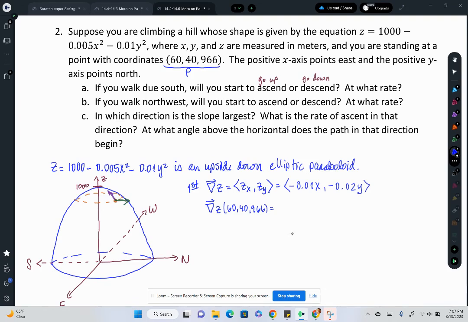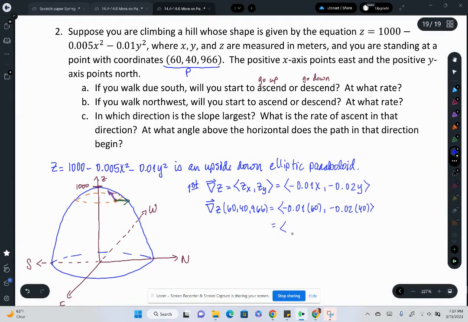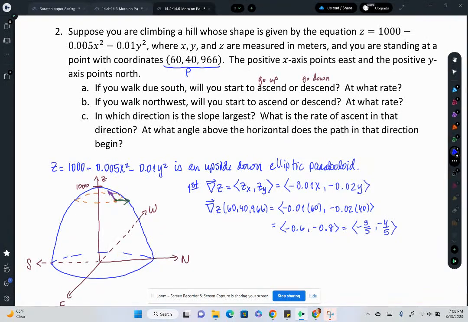So I'm going to put in 60 for x and 40 for y, and we get negative 0.01 times 60, and then negative 0.02 times 40. These work out to negative 0.6 and negative 0.8. In fractional form, this is negative 3/5 and negative 4/5. That is my gradient vector.